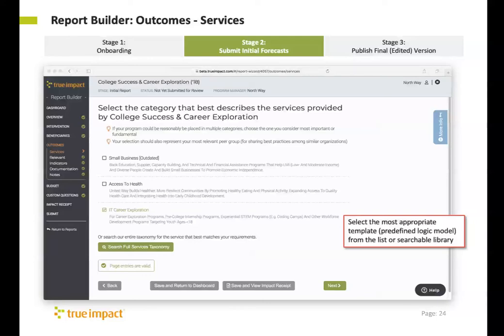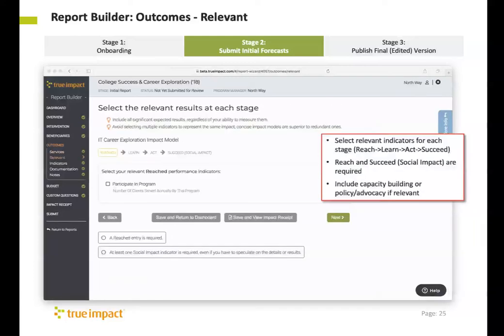And if none of those options presented fit you, you can search the entire catalog of program types by clicking Search Full Services Taxonomy, the green button.